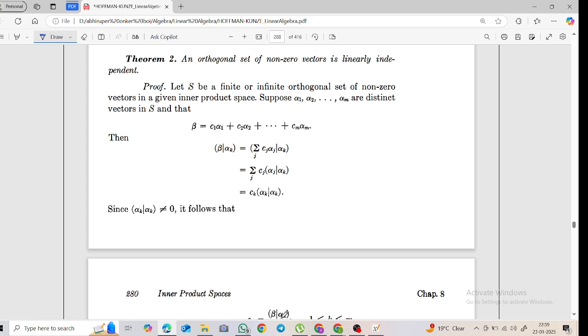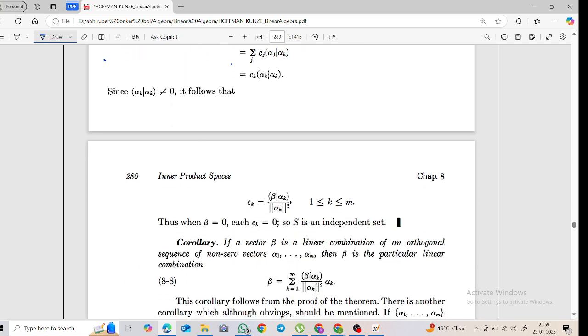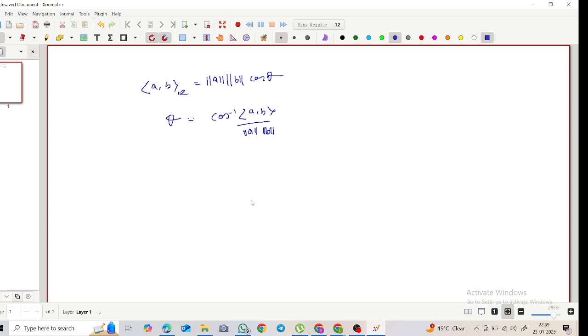You take an orthonormal set, you take a linear combination, and the inner product looks like this. What you have to do is just choose this actually.